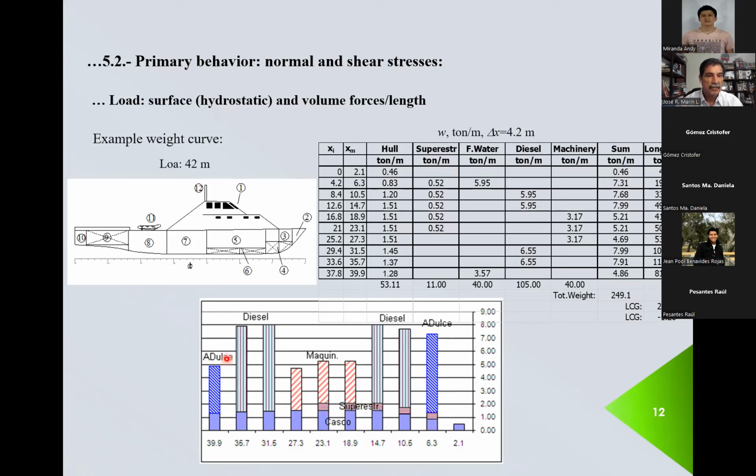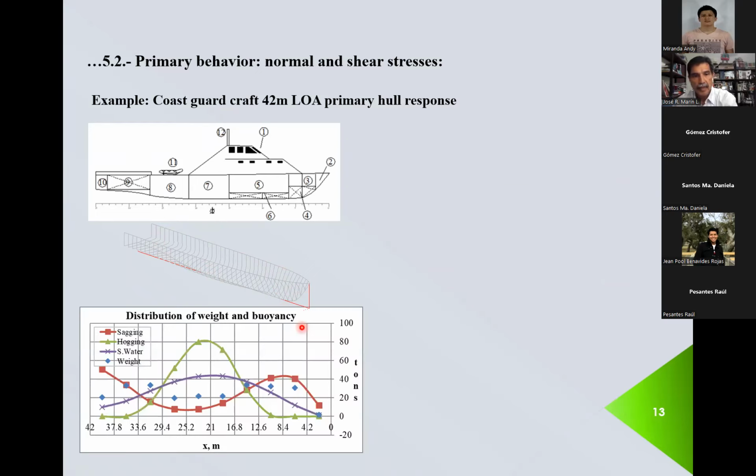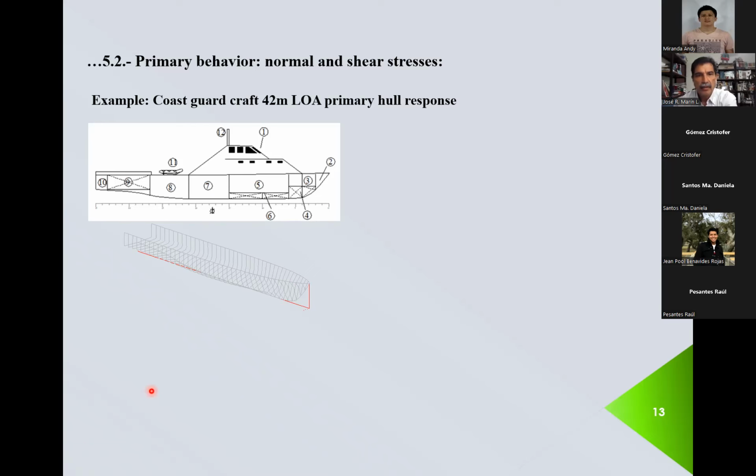You see that it has the typical shape of a weight distribution, which is like stairs. Okay, this is the ship lines, so you have an idea of how they look. And then we integrated.